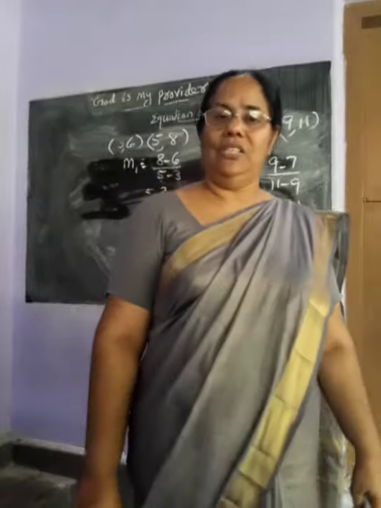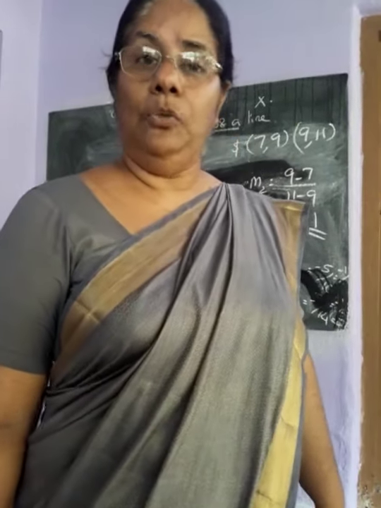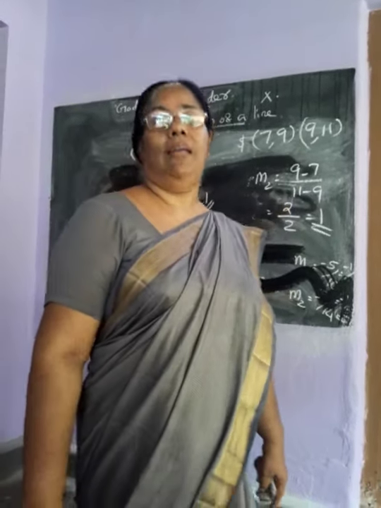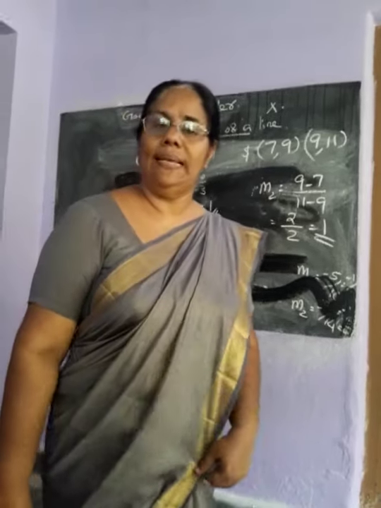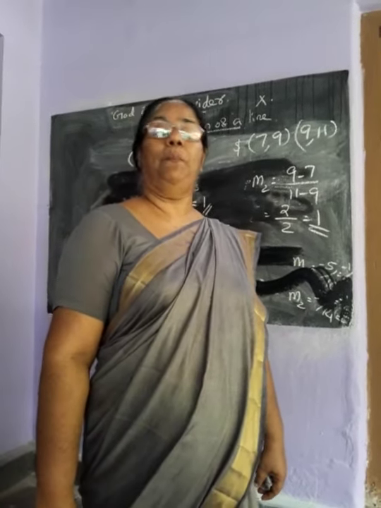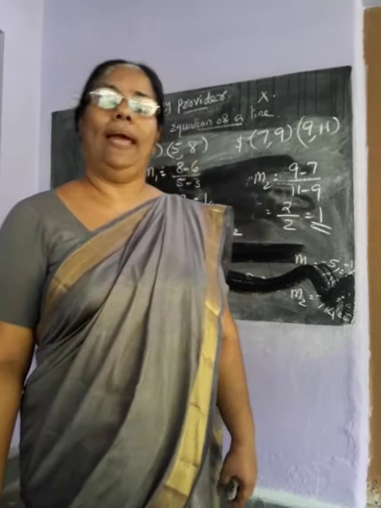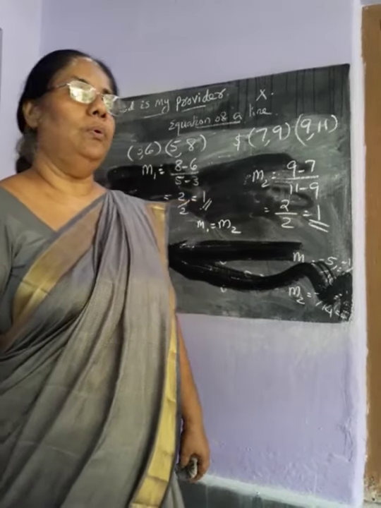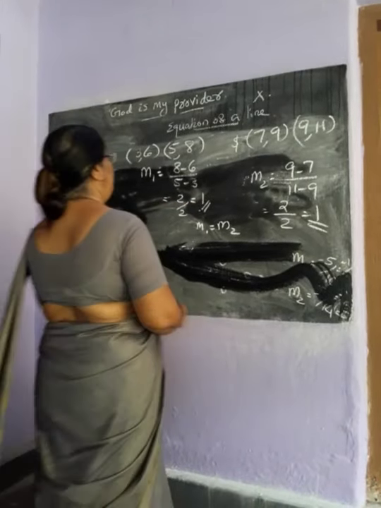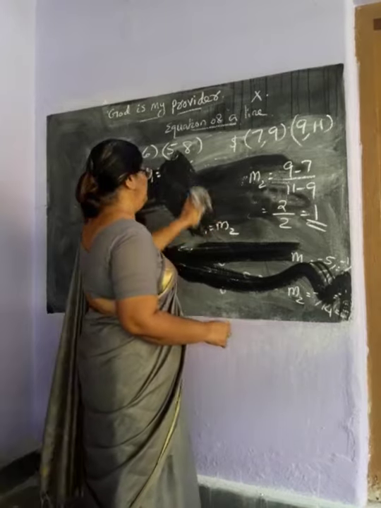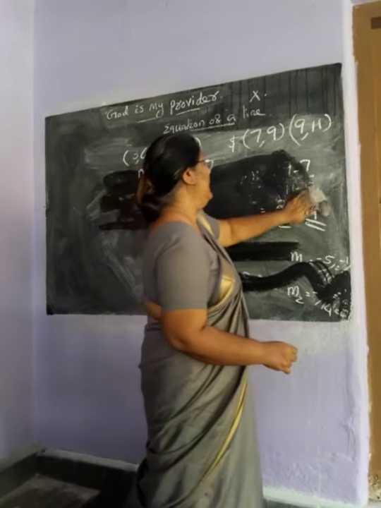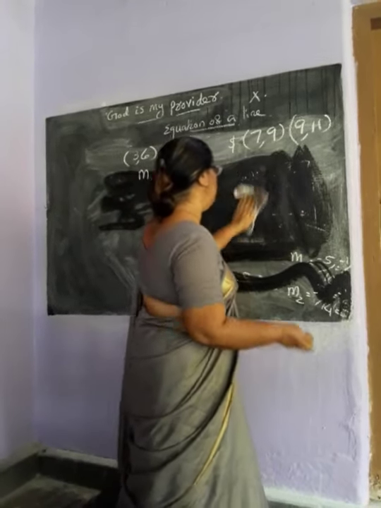Understand? The condition for parallelism is to prove that the slopes are equal. Then the next one is perpendicularity of two lines.